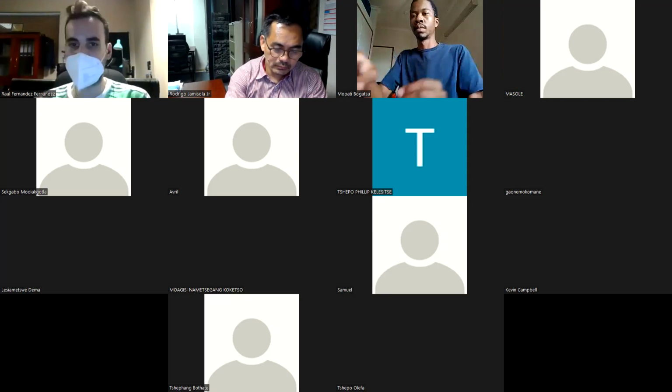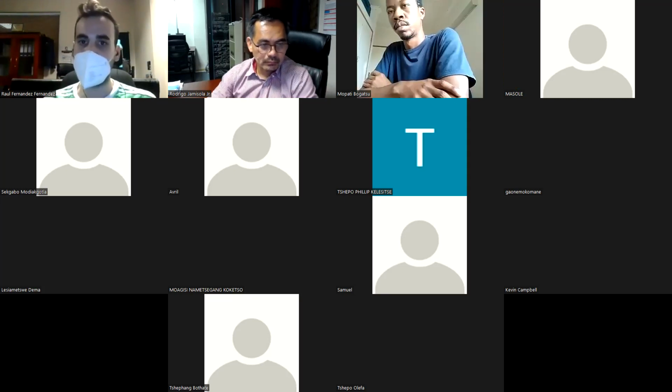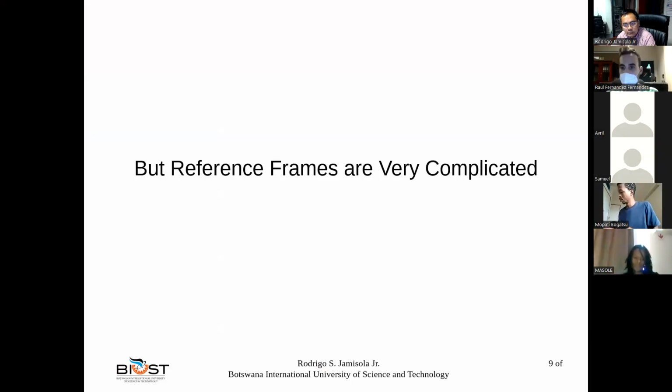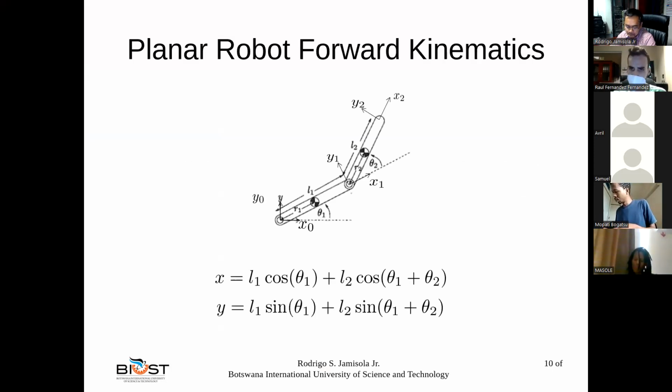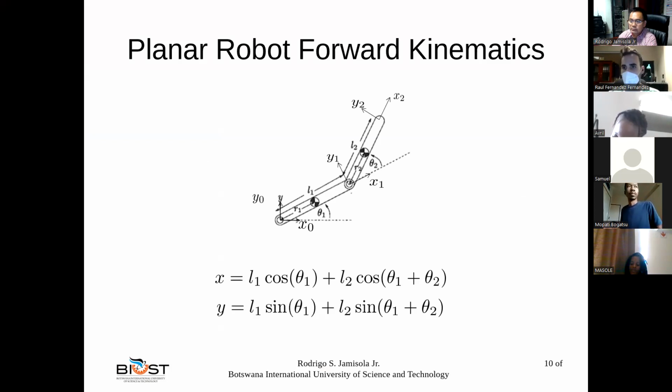Okay, so we ended here. Okay, so now we know what reference frames are. We know that we have to work with them, and we know that they can be complicated. So let's start to know what is forward kinematics. The idea of forward kinematics is that we want to compute the position of the robot end effector as a function of its joints.